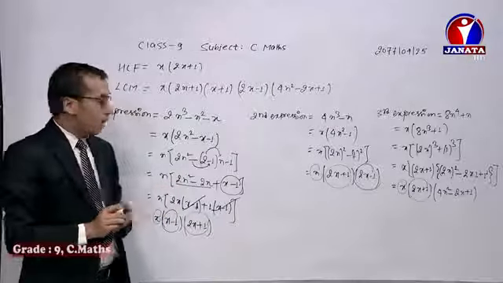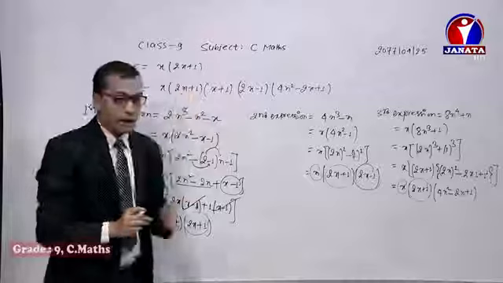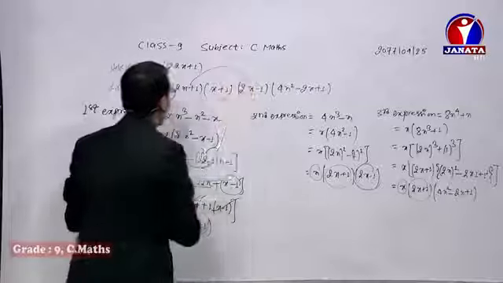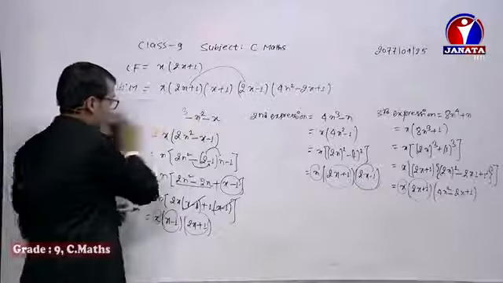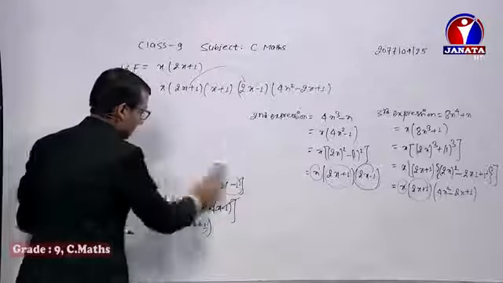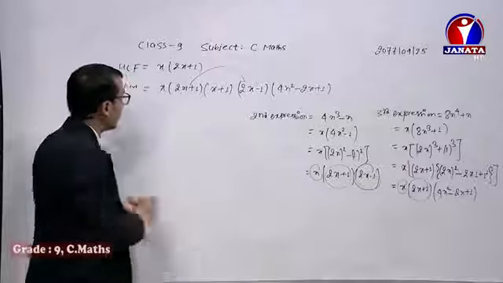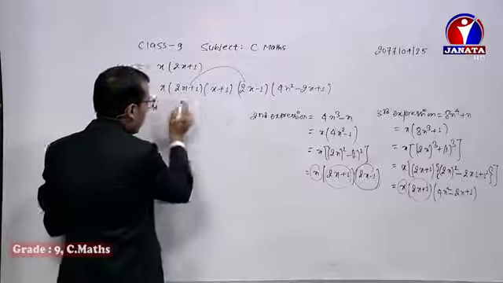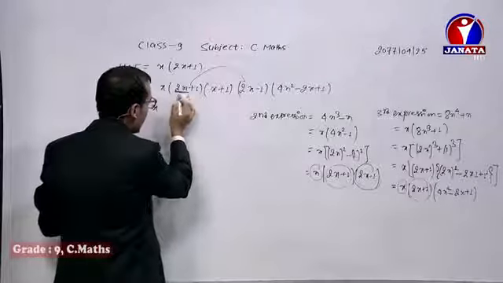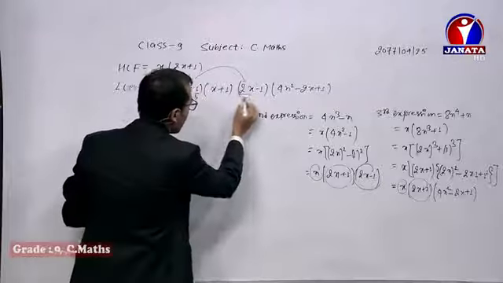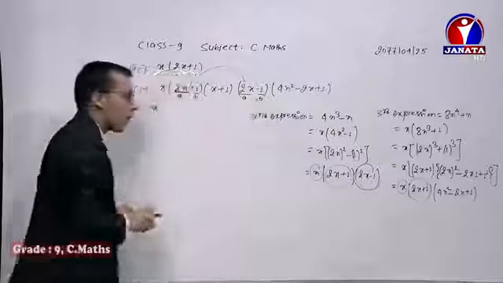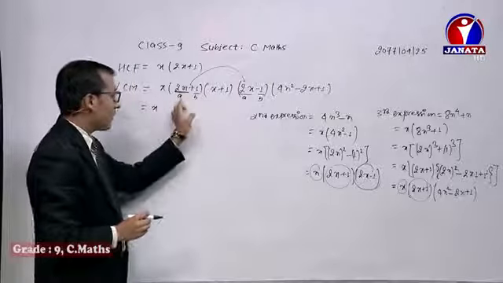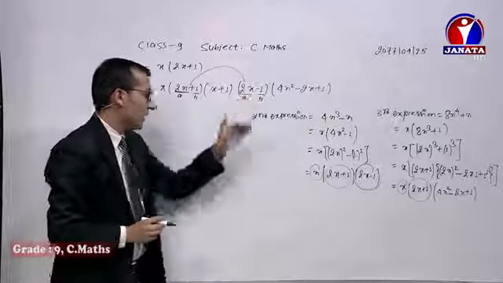We can combine these two factors and change them into a square minus b square form. So I'm writing first x as it is. These two factors are in a plus b times a minus b form, where the first term is a and the second term is b.